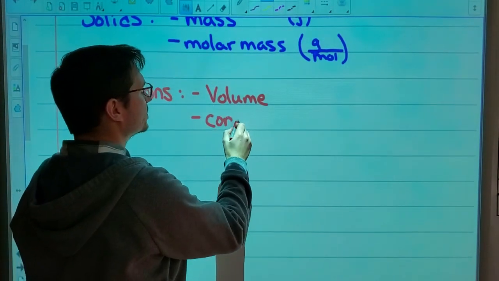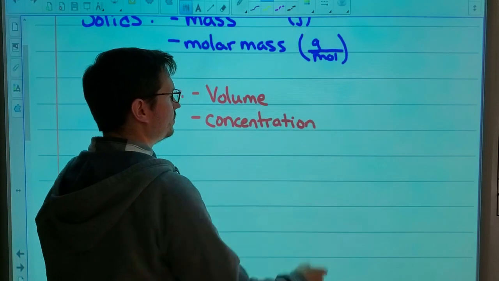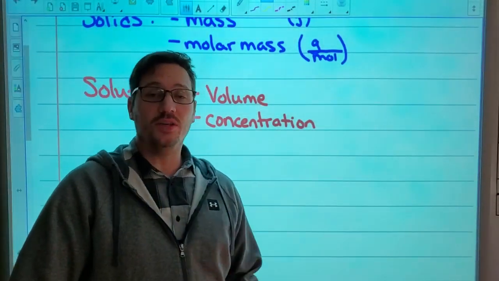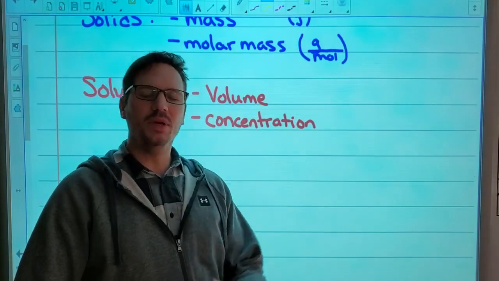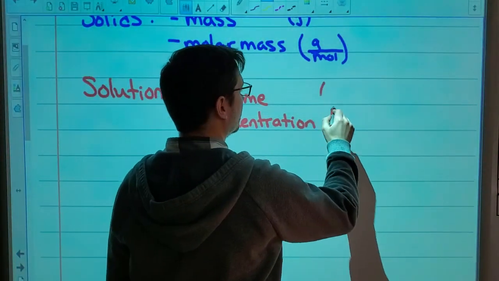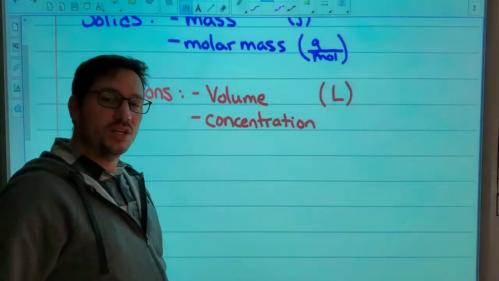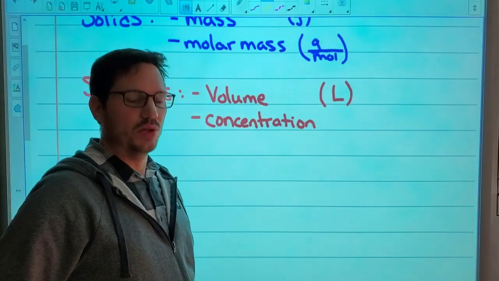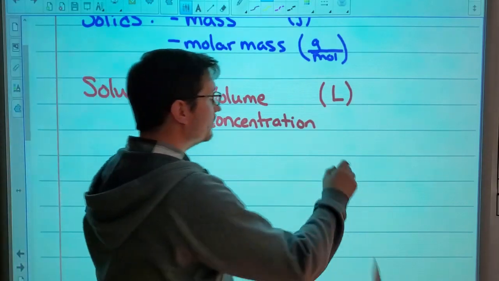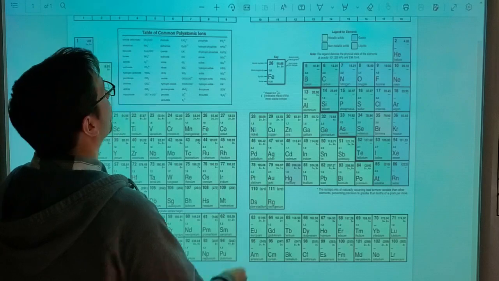I'm just going to say concentration. We measure volume in liters or milliliters; I'm going to say liters here. And we measure concentration, molarity, amount concentration, there's a bunch of different words for it, but let's double check our data booklet because that'll be helpful.